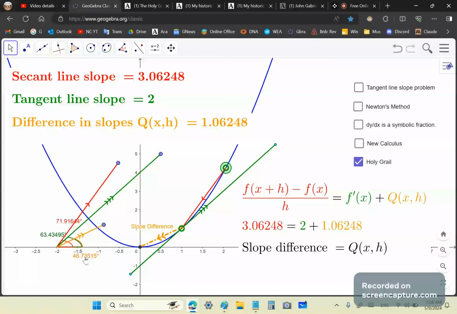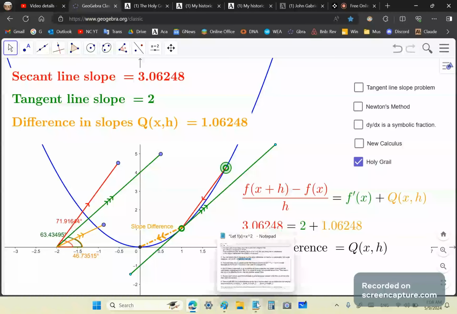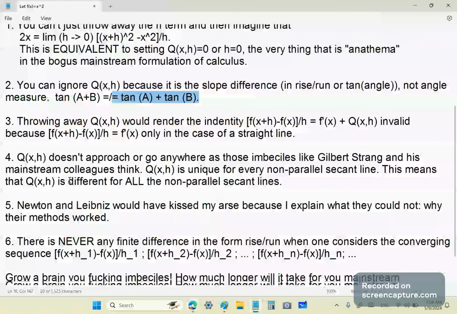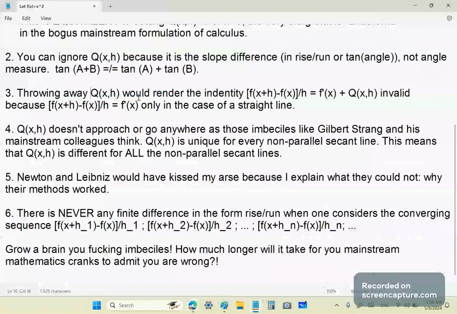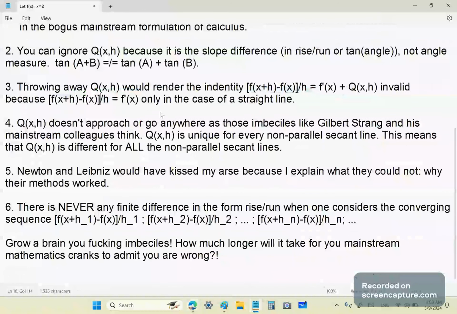Get that? It's only true in terms of rise over run. Okay, so throwing away the difference term would render this identity, the Holy Grail, invalid, because it's, as I said earlier on, only true in the case of a straight line.